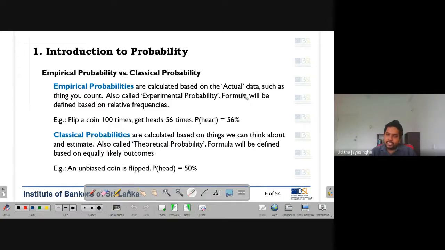For example, in the coin flipping example, if you do the actual experiment, flipping a coin 100 times and getting 56 heads, you call the probability of heads 56%. If you derive this number by following this test, you can call it an empirical probability.